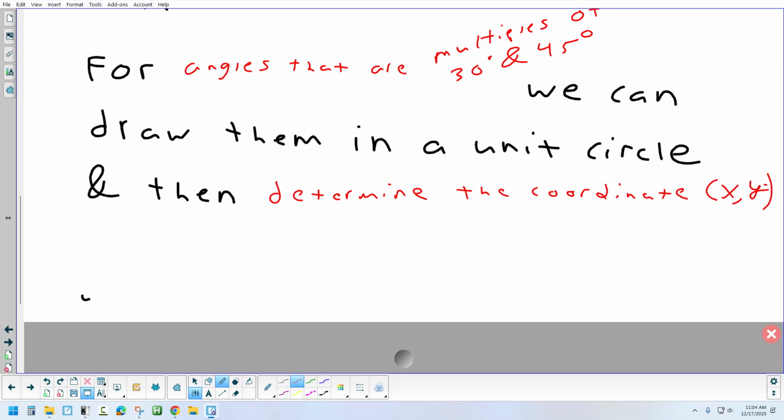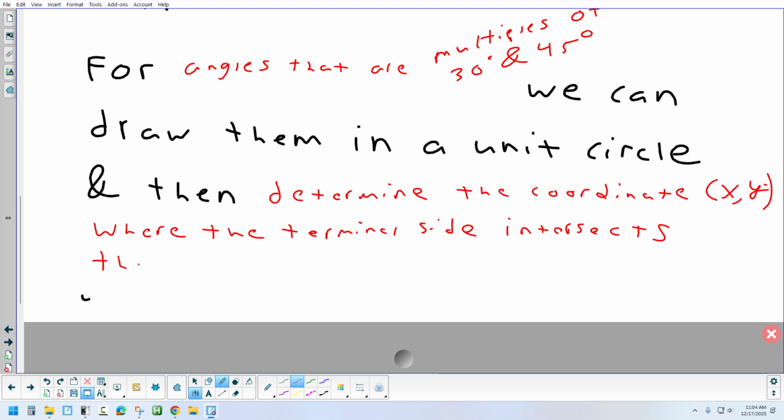So remember, you've got to find an x and a y. So determine the coordinate where the terminal side intersects the circle. Okay. So that's the goal.